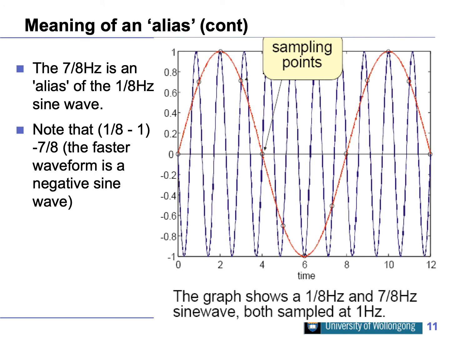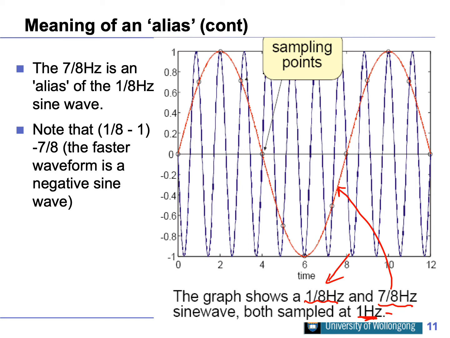This is an example of two sinusoids having alias here. You get two signals, one with 1/8 Hertz, the other one with 7/8 Hertz, and they are both sampled at 1 Hertz. The blue one is 1/8 Hertz. The red one is 7/8 Hertz. And the sampling rate is very slow, just 1 Hertz.